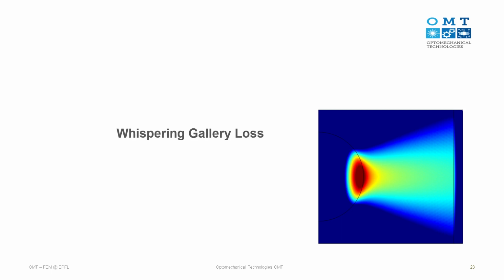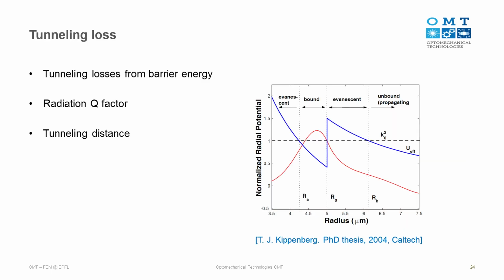So this means at that moment those components will just perform as leakage. It will not follow any way to the mode. So this is defined as the whispering gallery loss, and apparently there is very complete physics behind it, which is also defined as tunneling loss from a barrier energy.